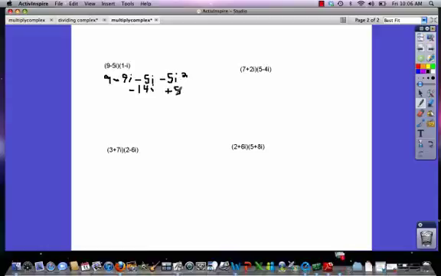Because I got negative 5 times a negative 1 is positive 5. So now I've got 14 minus 14i. And there's a section in your book on this, and there's homework, and there's answers in the back of the book, even though it's online. You can check your answers, make sure you get them right. Would be a good idea, okay?